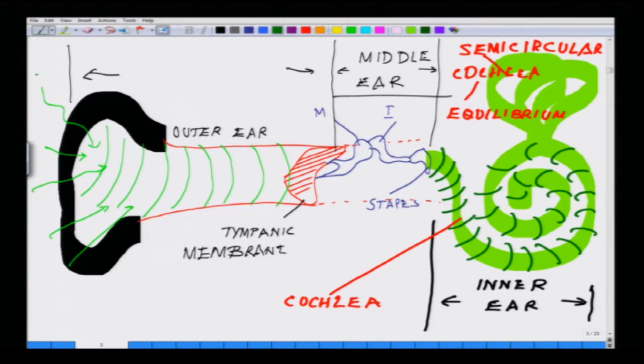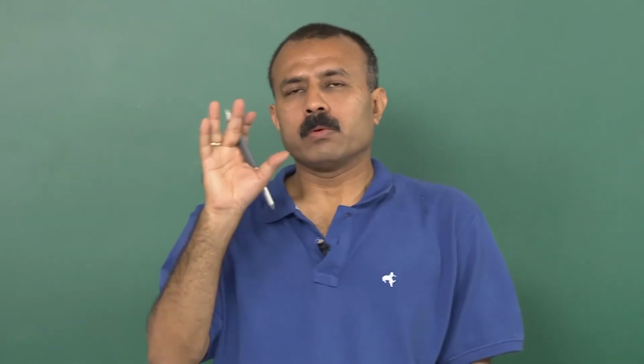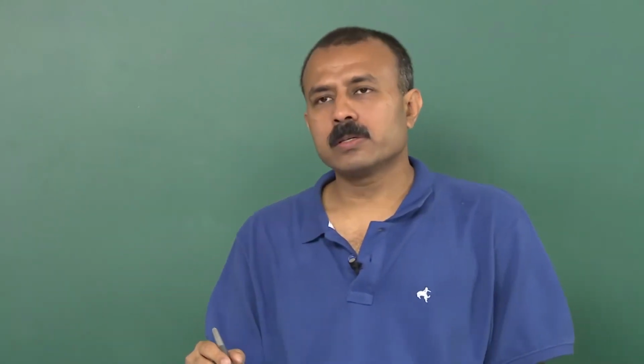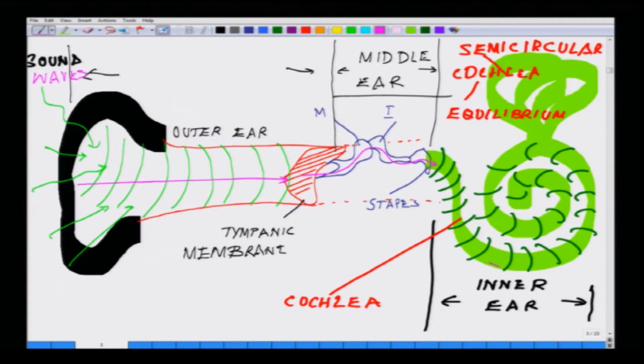Outer ear, let us summarize. So, here you have the sound waves traveling out here, hit upon the tympanic membrane, transmitted through this, the vibration within the malleus, incus and stapes, those 3 middle ear bones, it reaches the cochlea, and this vibration now travels all along this spiral flute-like structure.